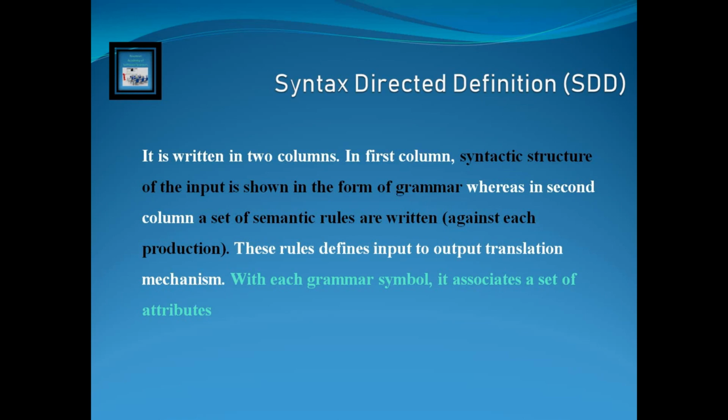There are also a set of attributes associated with the grammar symbols, and these attributes define the output. In order to evaluate the output, the attribute values are computed with the help of semantic rules that are given within the second column.